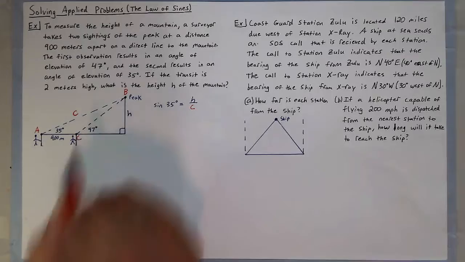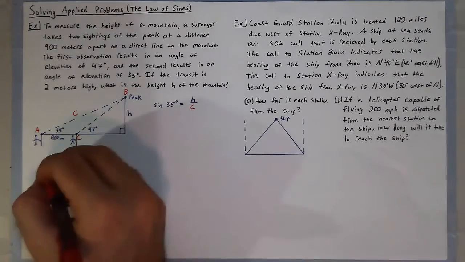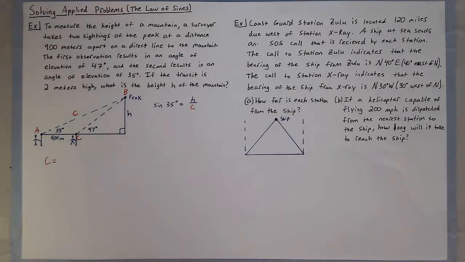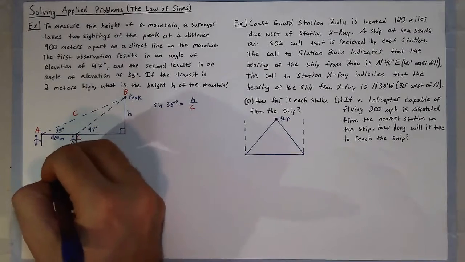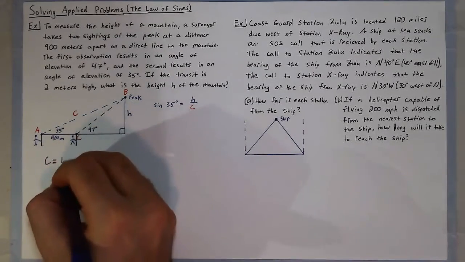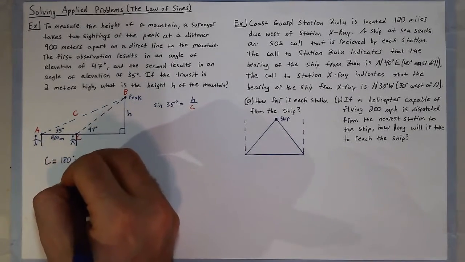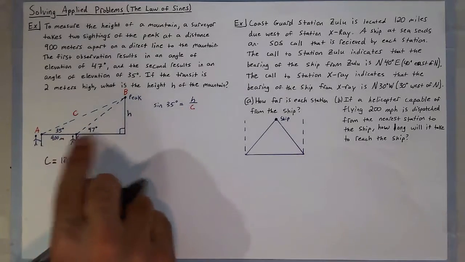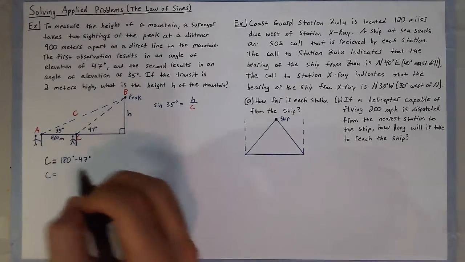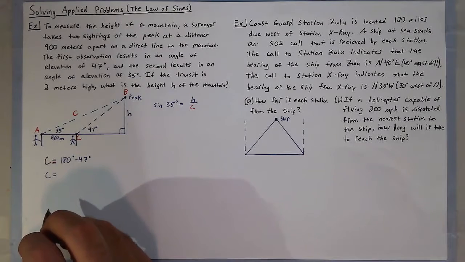So what is the supplement of 47 degrees? C should equal this angle right here, 180 degrees minus 47 degrees, since we have a linear pair there. So that angle should equal 133 degrees.